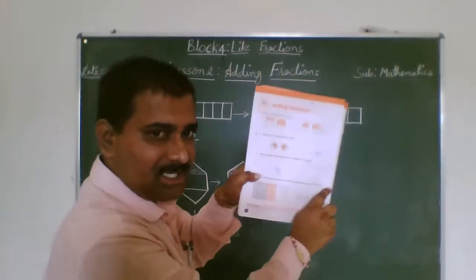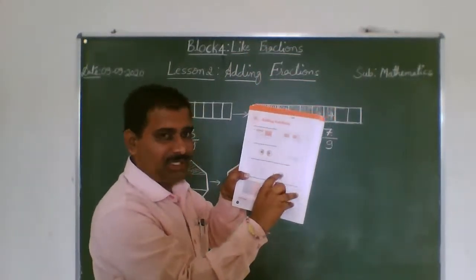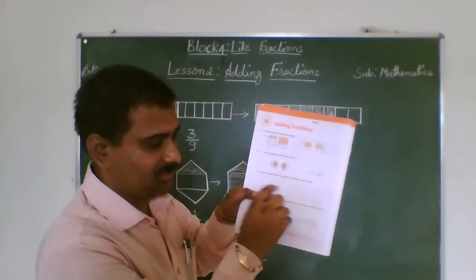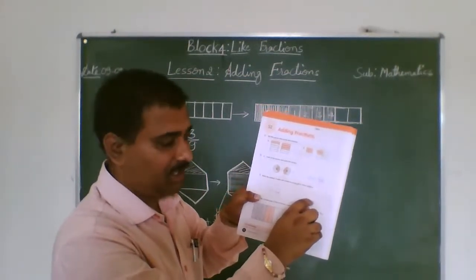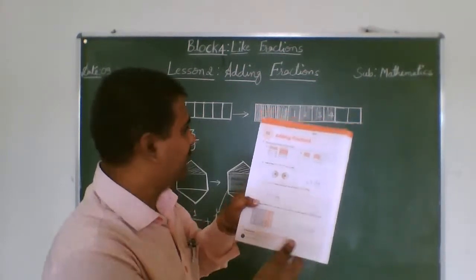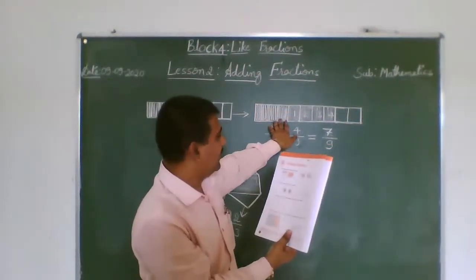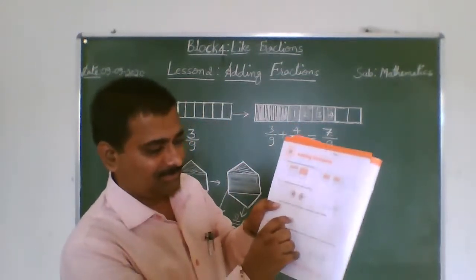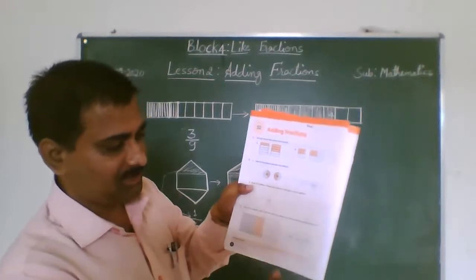Divide this rectangle into 8 parts and shade 5 parts first with one type of shading and two more parts with another type of shading like this. First 5 parts, then 2 parts. Add them and write the answer here in the empty place.